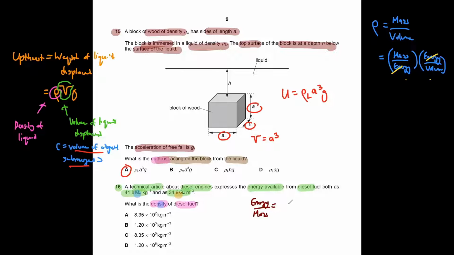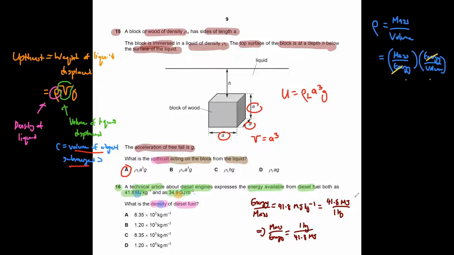Energy per unit mass of 41.8 megajoules per kg is actually the same as saying you have 41.8 megajoules over 1 kg. So here, mass over energy will actually be 1 kg over 41.8 megajoules. This is one.